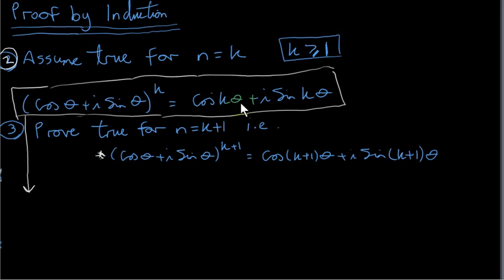So we start with this here. This is the statement that we're assuming to be true. And what we do is we multiply both sides of it by cos theta plus i sin theta. Now the reason that we do that is because if we multiply the left hand side by cos theta plus i sin theta, we will get the left hand side of the statement that we're trying to prove.